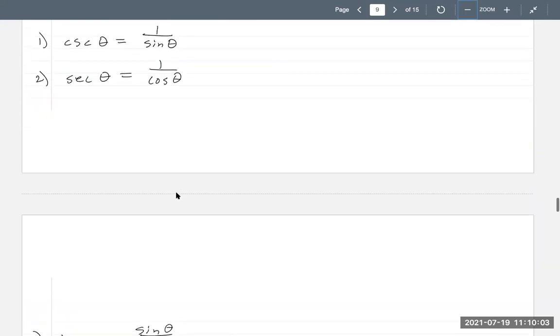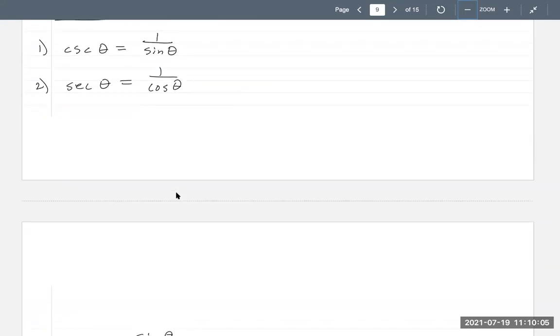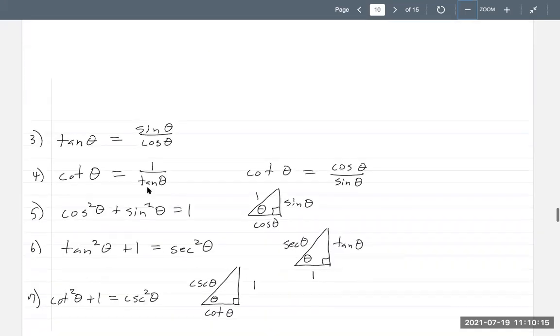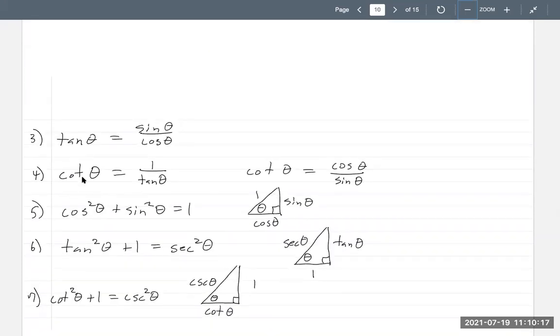There are several other trigonometric functions that are not nearly as popular, like VERS and things of that sort. They're not nearly as popular anymore. Cotangent of theta is 1 over tangent of theta. So I can write cotangent of theta as cosine of theta over sine of theta.